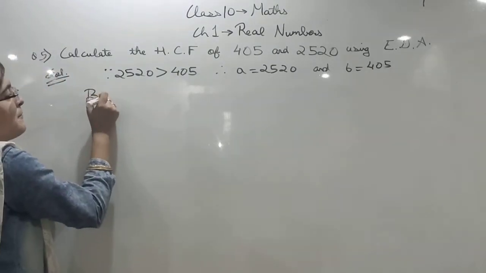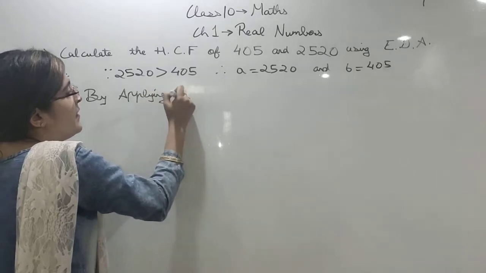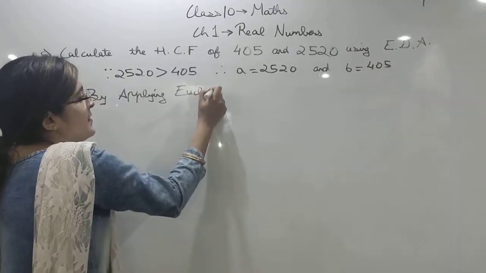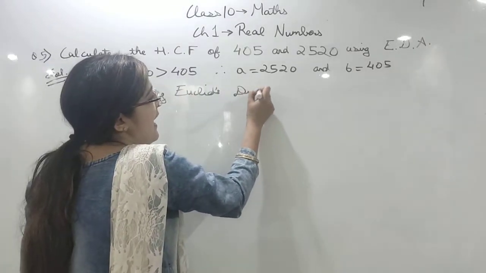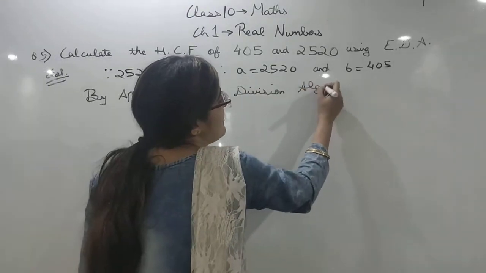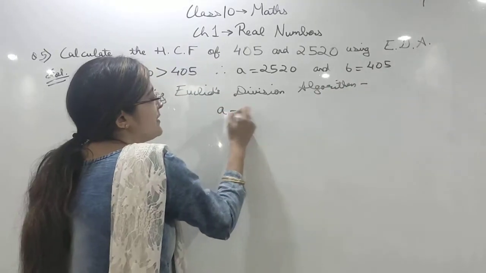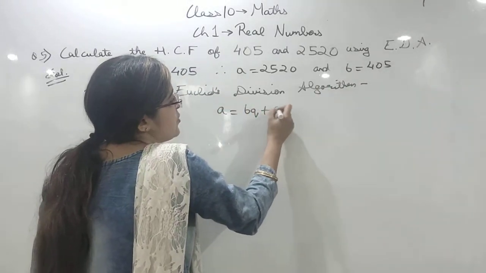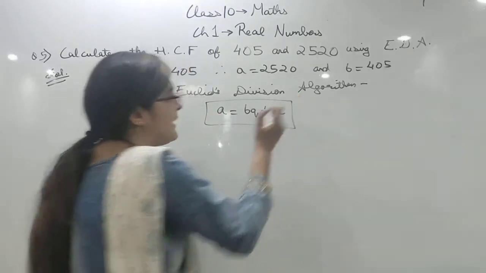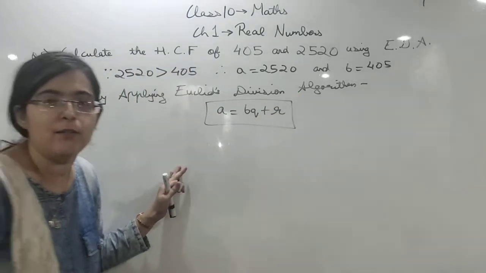Now what will we do? By applying Euclid's division algorithm, we write A = BQ + R. Students, I am telling you repeatedly that you have to write this in every question you solve.